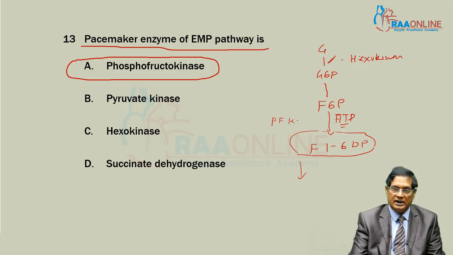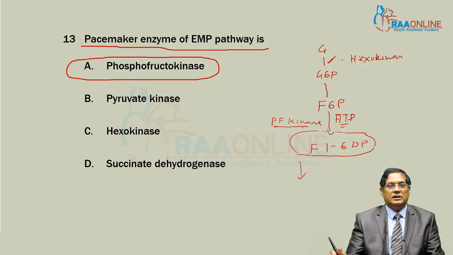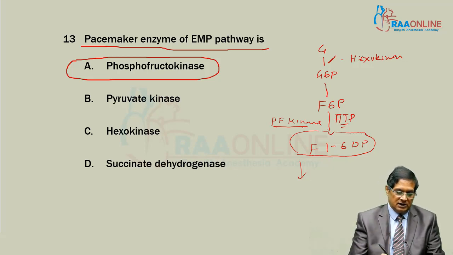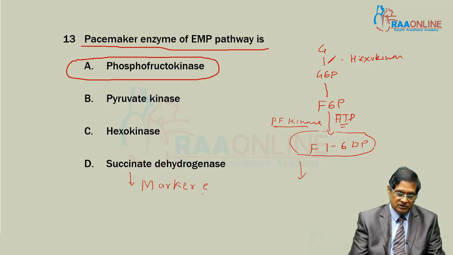Phosphofructokinase. It is termed as pacemaker enzyme. And the next one is the marker enzyme of mitochondria. These two questions are useful.